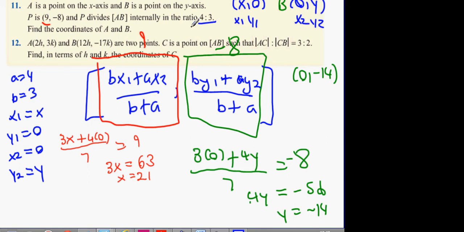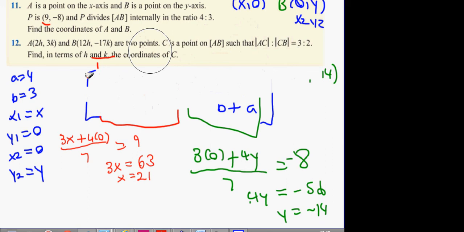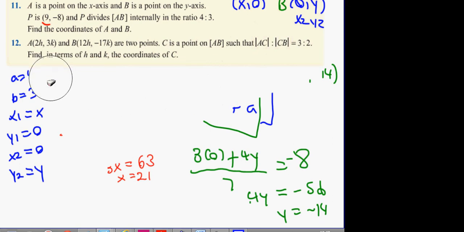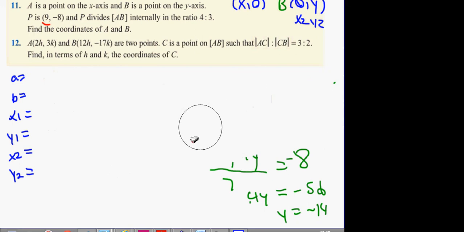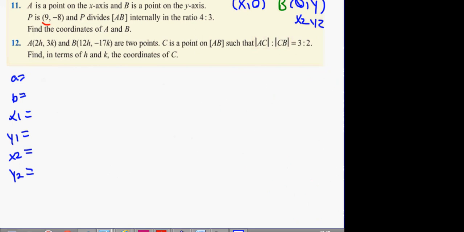Next one. Can I rub this out? Okay. The next one, lads. Same list as last time. This is for number 12. In number 12 it would go something like this. A is 3, B is 2, x1, y1 is (2h, 3k), x2, y2 is (12h, -17k).